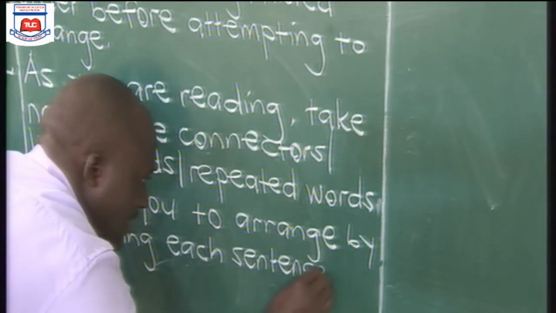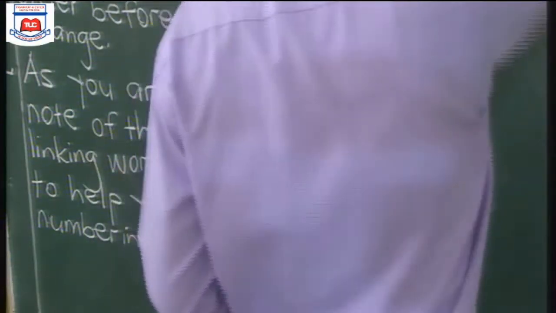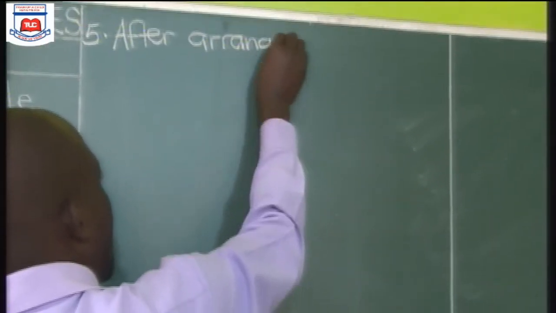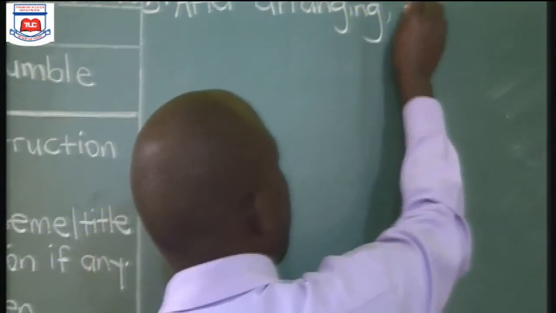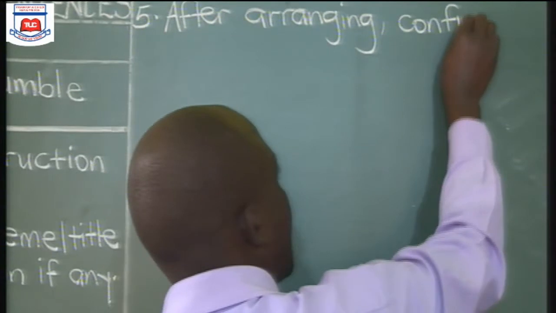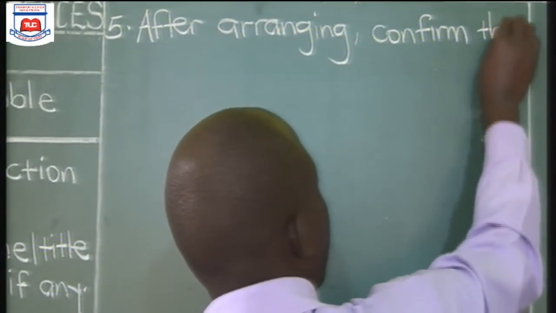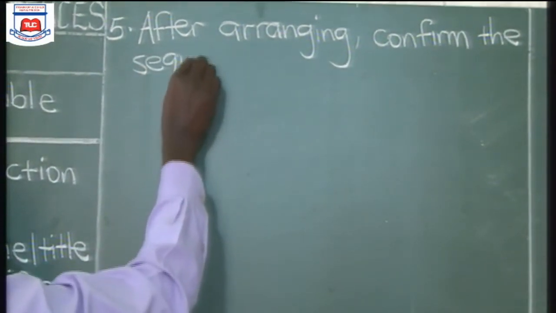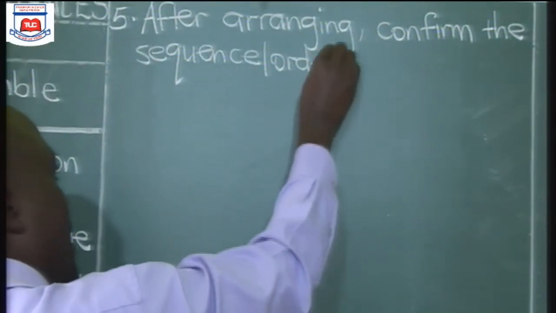After you've numbered each sentence, then make sure after arranging, what do you do? You confirm the sequence. If not, confirm the order.